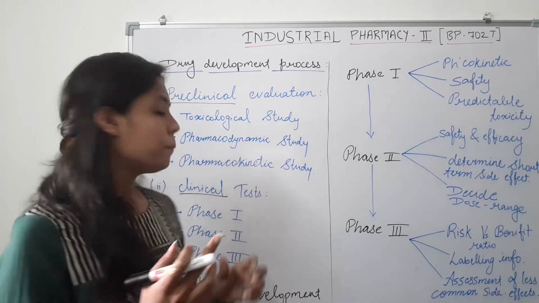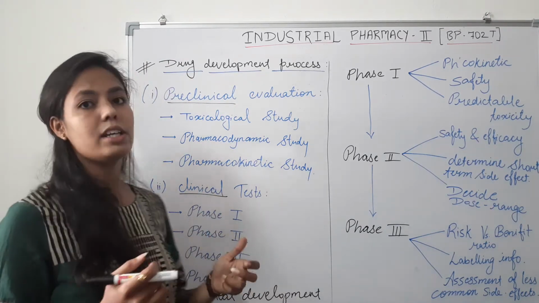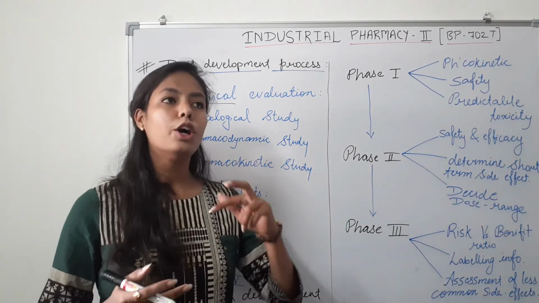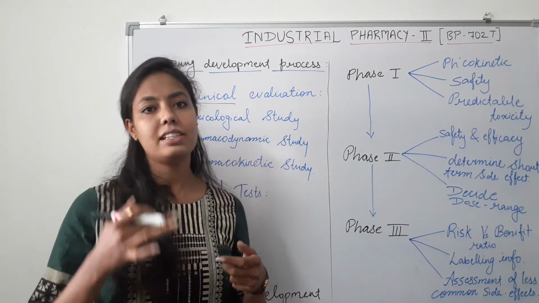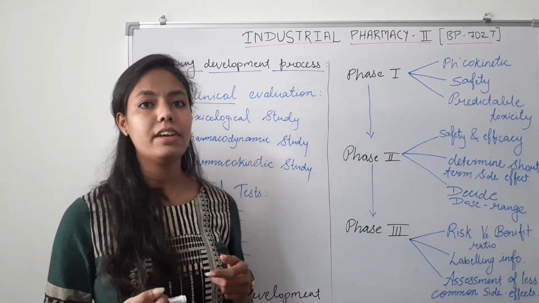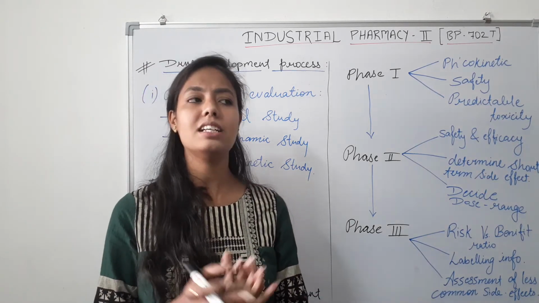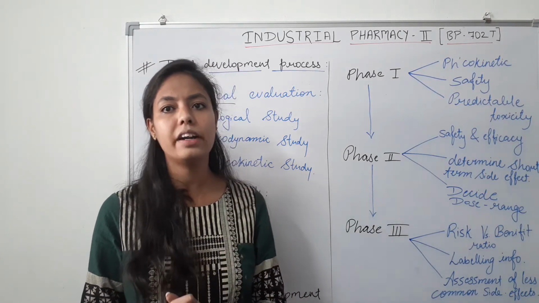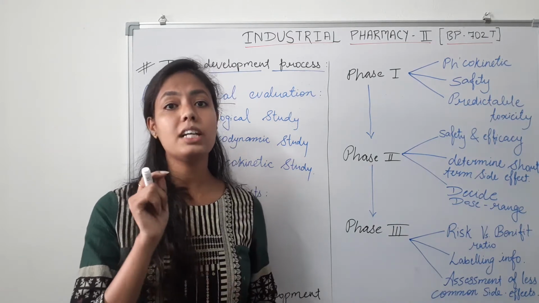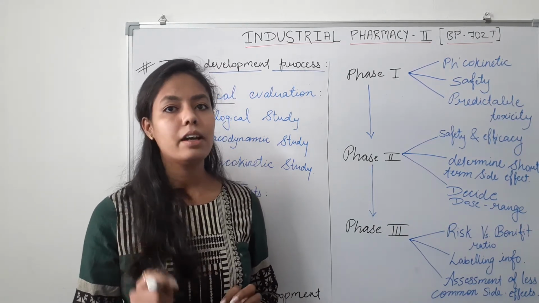Phase 2 is further divided into 2 phases, that is early phase and late phase. The early phase is conducted in a comparatively small number of patients, ranging between 20 to 200, and mainly observes the potential benefit versus risk assessment.